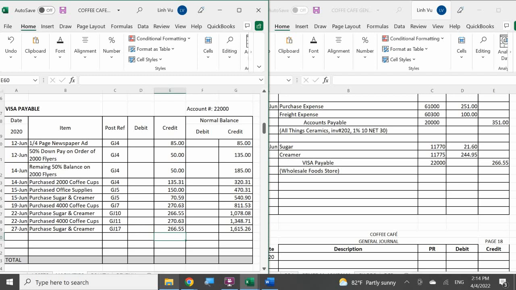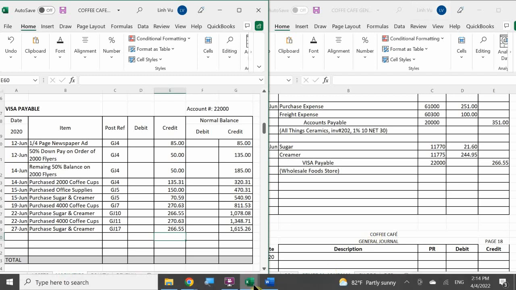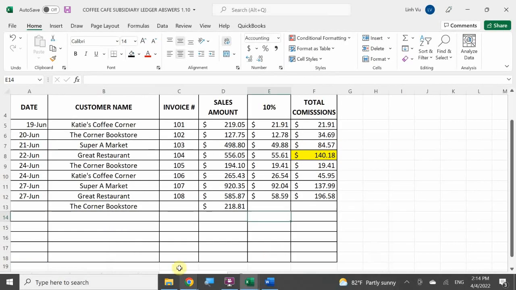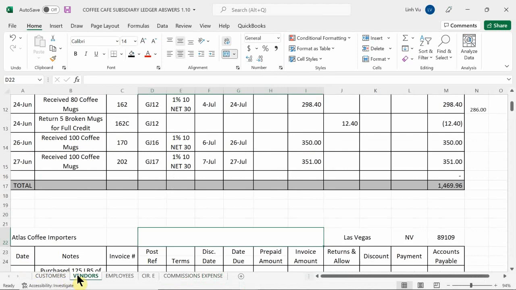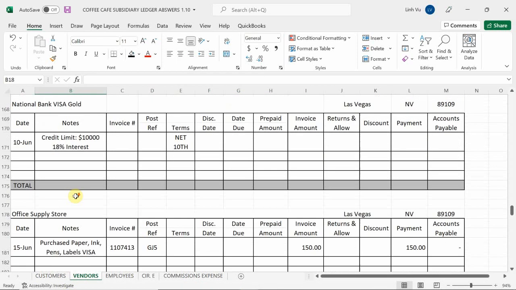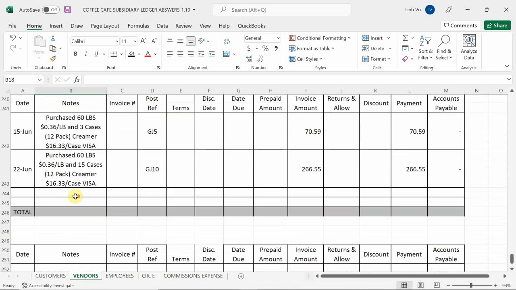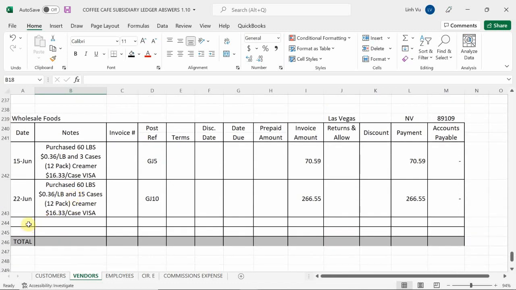Where do I need to go next? Okay, subledger, right?